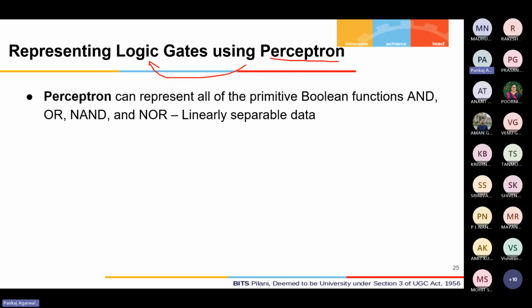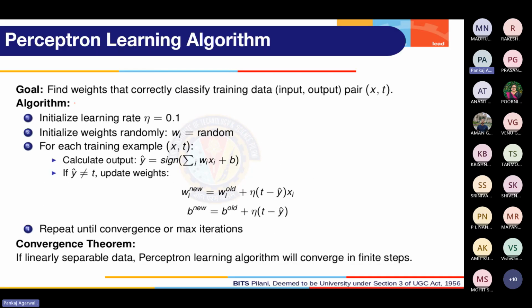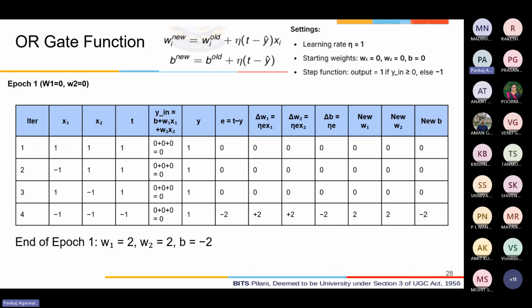Still, we were using a single layer perceptron, a very simple perceptron that was able to solve problems that are linearly separable. We understood how a perceptron learning algorithm can be written and understood.